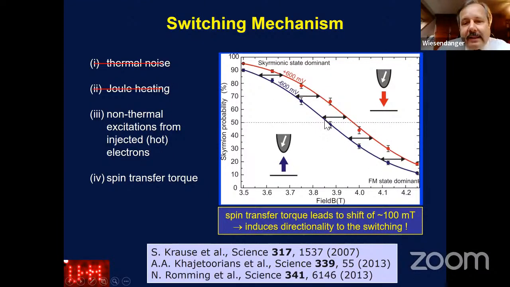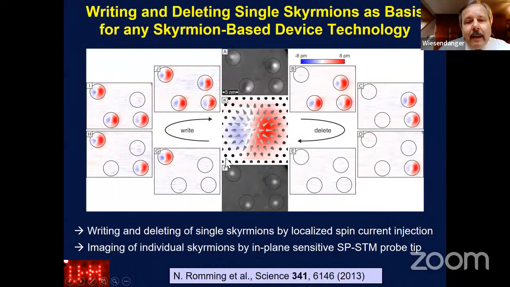And you can notice here a shift on the magnetic field axis for these two situations. And this is nothing else than basically a reflection of the effect of spin transfer torque, which relates to an effective field of about 100 millitesla. So we could basically make use of spin transfer torque for reproducible writing and deleting individual skyrmions.